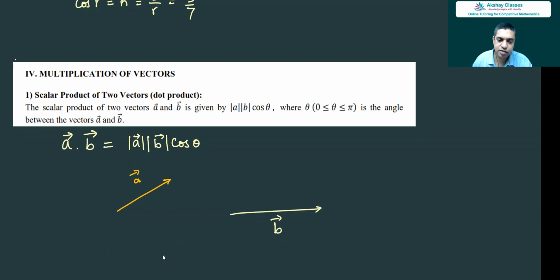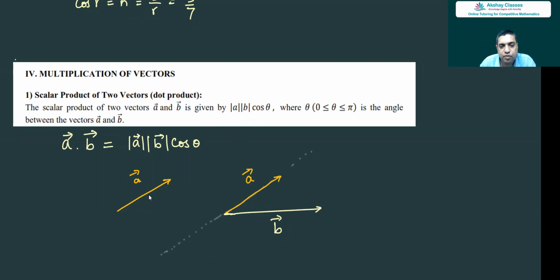That means take a line which is parallel, and so we have to make both the vectors co-initial vectors because vectors are free.